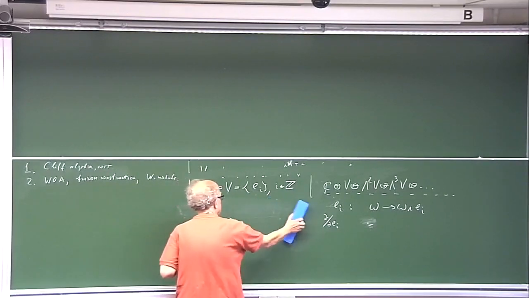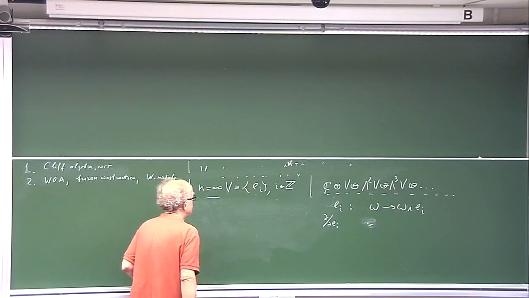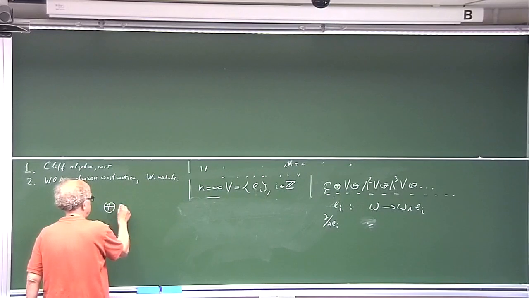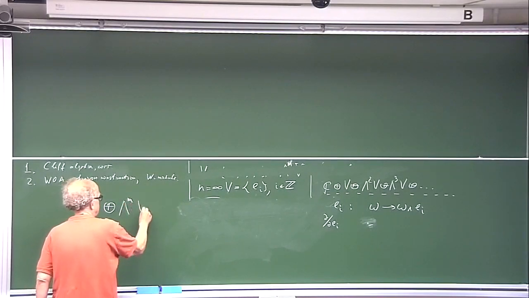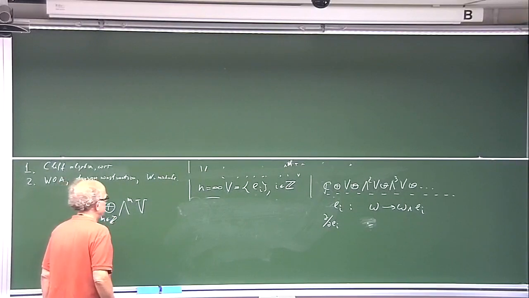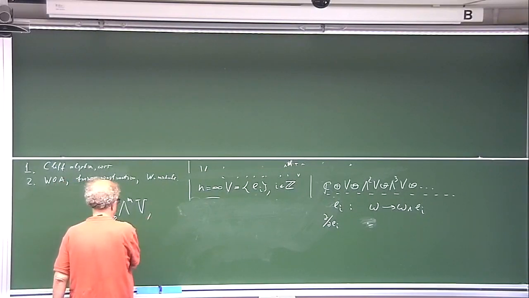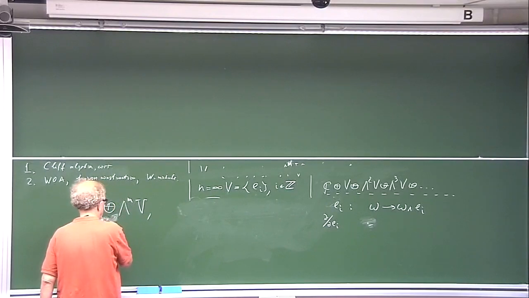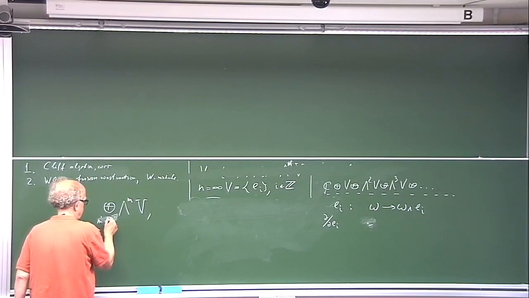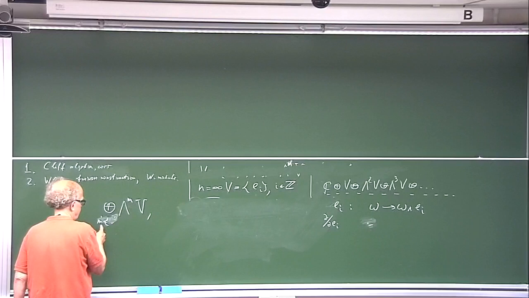Therefore what we have now is the direct sum of these spaces over m belonging to the non-negative numbers, so m can be 0, 1, 2, 3, and so on.